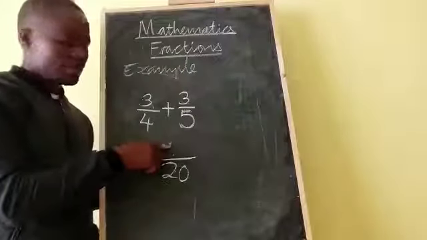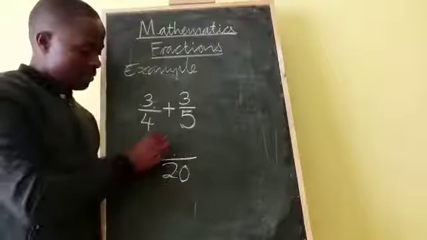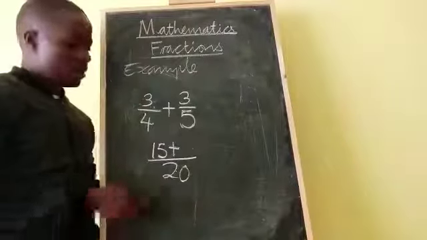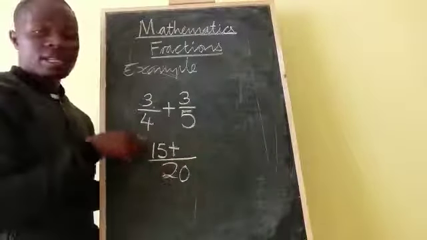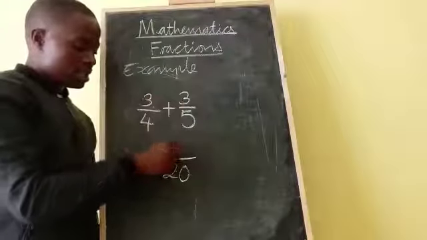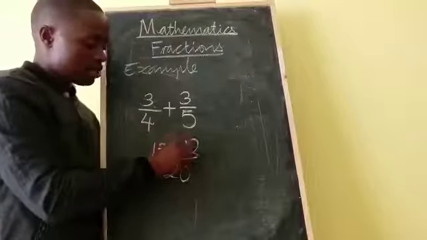That's 5. Then 5 multiplied by 3, that will give us 15. Then plus, then we say 5 into 20, the answer is 4. Then 4 times 3, that will give us 12, like that.